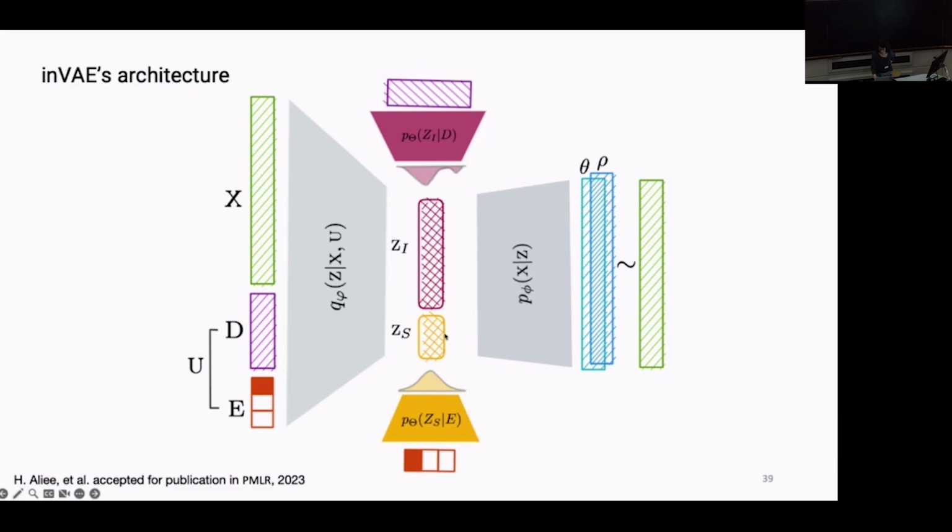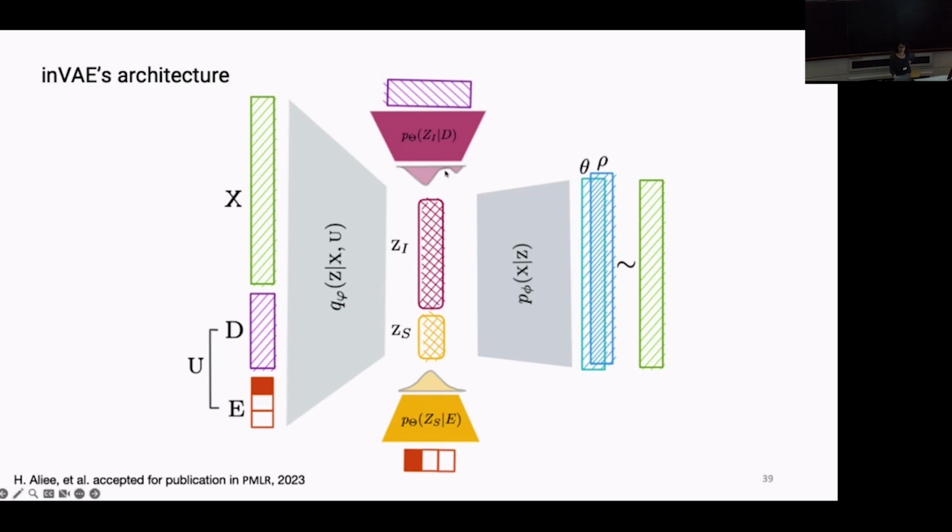These two should be orthogonal, but one main difference with a variational autoencoder is that here the prior is not set to mean 0 and variance 1. We try to infer the prior distribution from the data. The covariates are used with an encoder to predict the mean and the variance of the prior distributions.